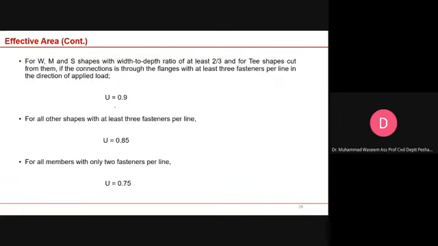Now, there are U values. These are the simplified values, simple guidelines on how to use different U values. For example, if you have at least 3 fasteners per line in the direction of applied load, for the case of wide flange, miscellaneous or S shape with width to depth ratio at least 2/3, you should use U = 0.9.